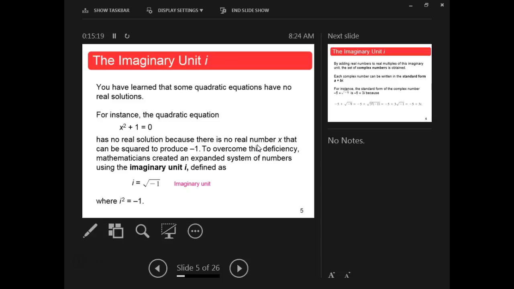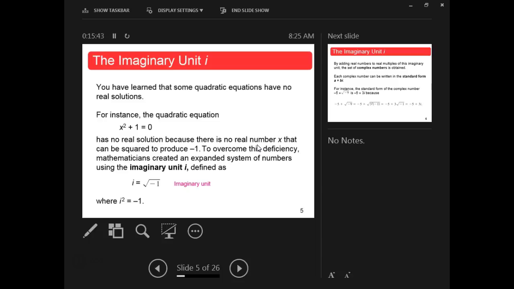It's now positive. So this thing is always positive, so it can't equal 0. No real solution because there is no real number x that can be squared to produce negative 1. Because what we're doing here is subtracting 1 from both sides. x squared is equal to negative 1. It's not going to happen, not with real numbers.